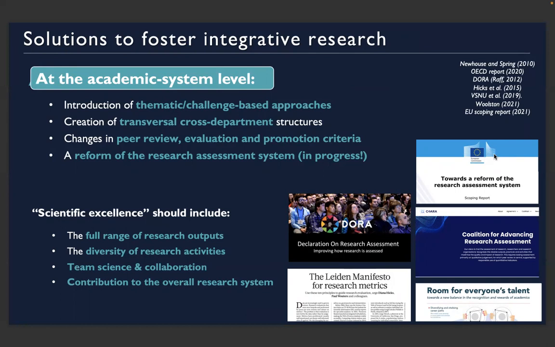Also, the main thing they say is that we need to change the peer review, evaluation, and promotion criteria, because they are all organized in disciplines. And in particular, we need a reform of the research assessment system. This is something that has been in progress since the Declaration on Research Assessment, DORA, in 2012. And last year, there was this report in Europe towards a reform of the research assessment system. And this is something that is underway.